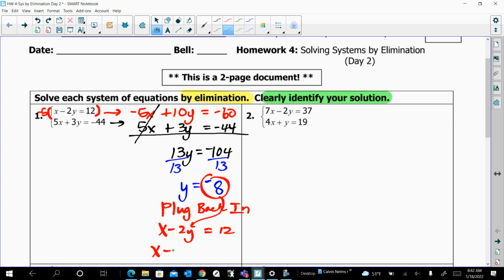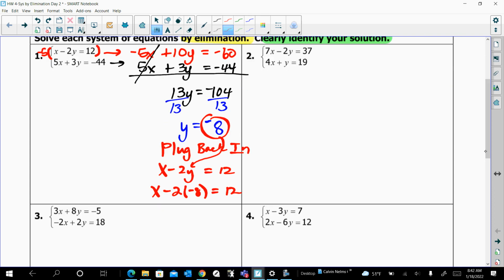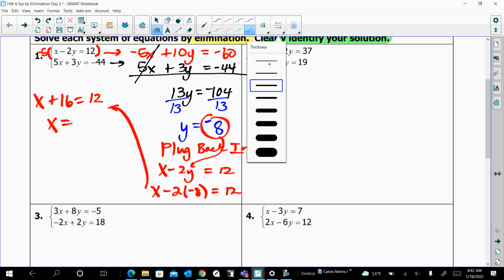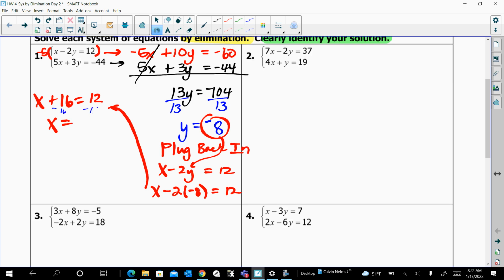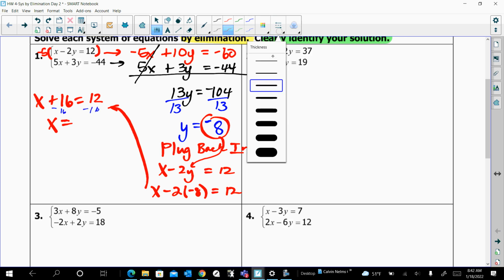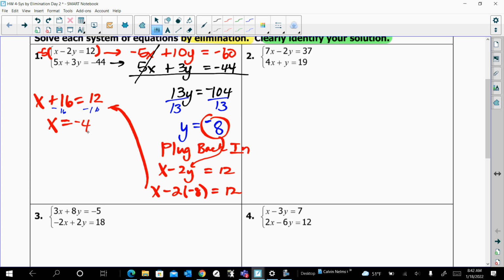So x minus 2 times the negative 8 equals 12. When you subtract 16, you're going to be left with a negative 4.